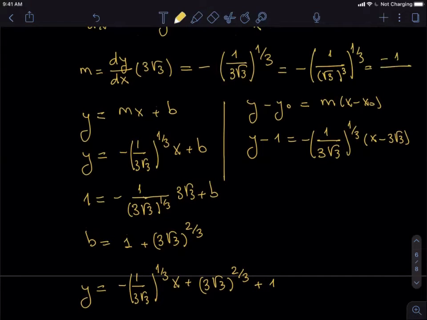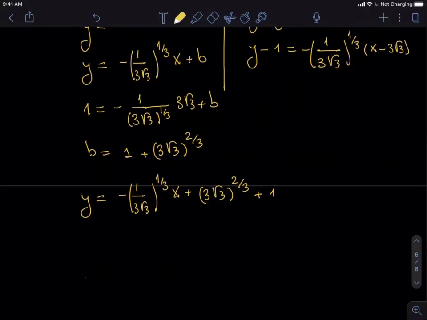The slope becomes -1 divided by square root of 3. Okay, so then I can go back to my computation and just write this simpler expression and apply the same trick here, because this is square root of 3 to the power 3 raised to the power 2/3.